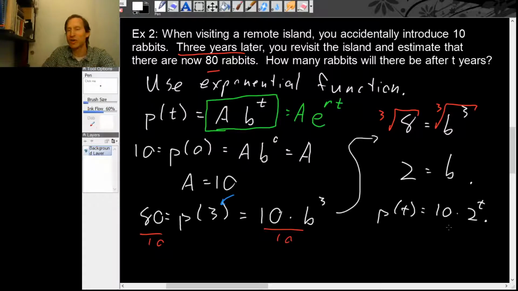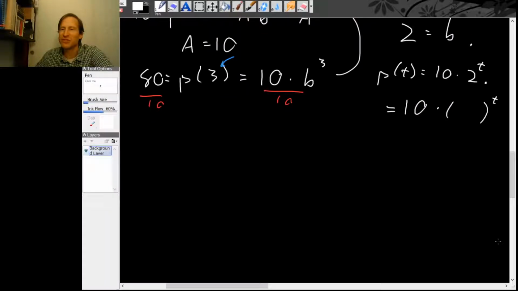Just to see how you can go from one to the other, let's turn our population function, 10 times 2 to the t, into this other form that has e for the base. To do that, we need to somehow replace this 2, the old base for our exponential, with something base e that's equal to it.